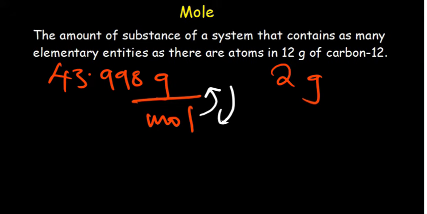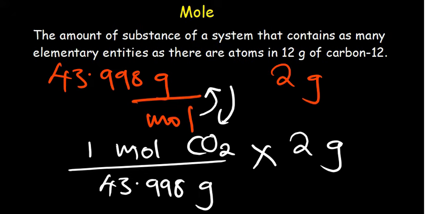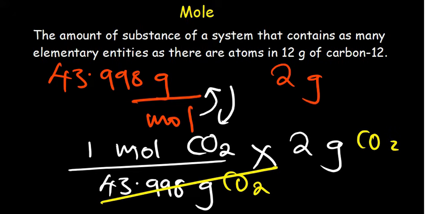So you have 1 mole of carbon dioxide, which is exactly 43.998 grams, multiplying by 2 grams. I'm using dimensional analysis to determine the number of moles. In this case, the grams of carbon dioxide will cancel. Basically, what is cancelling are the units.